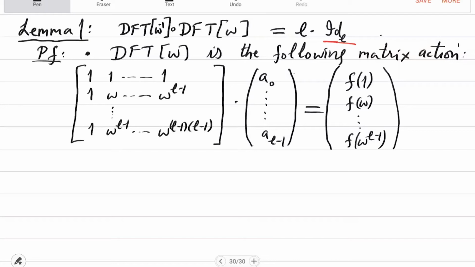So what is the matrix action now of DFT omega inverse on this?